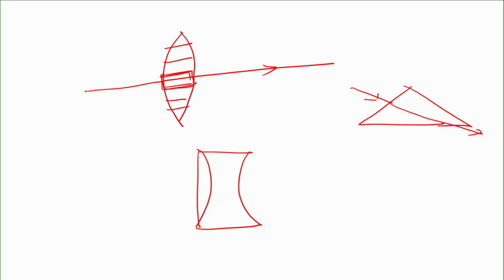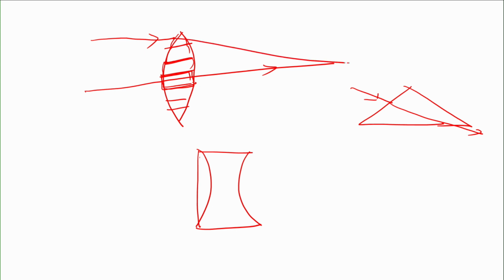But when you see above this glass slab, all the parts are prisms, correct? The bases of the prisms are downwards. When the light ray is incident on this prism, as per the property of light, it bends towards the base.